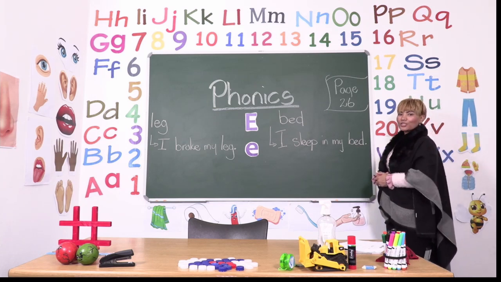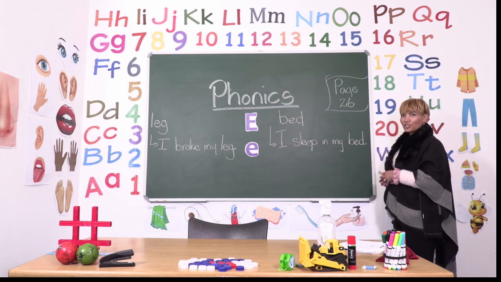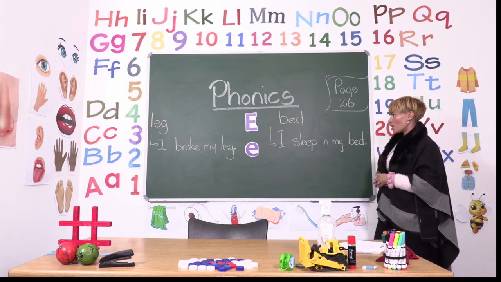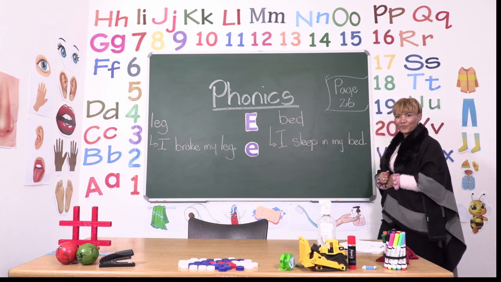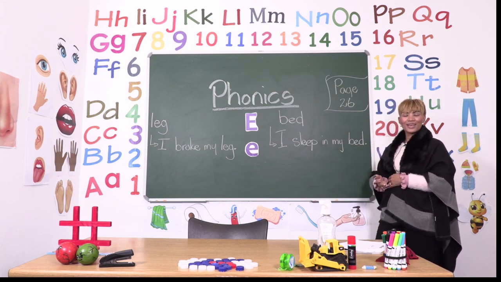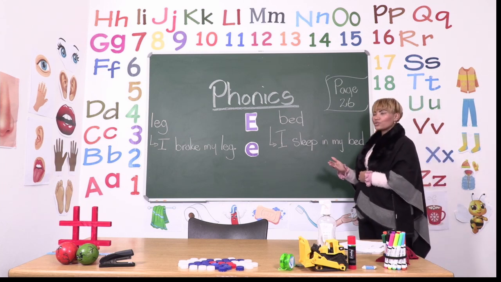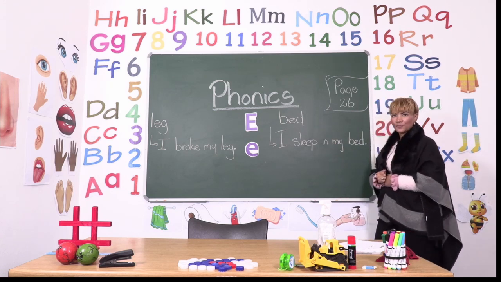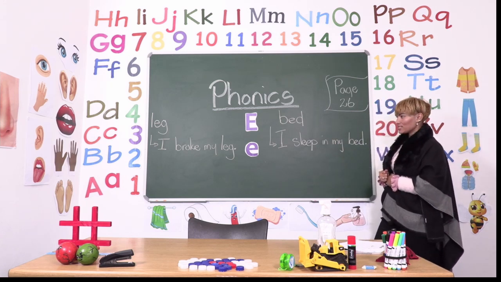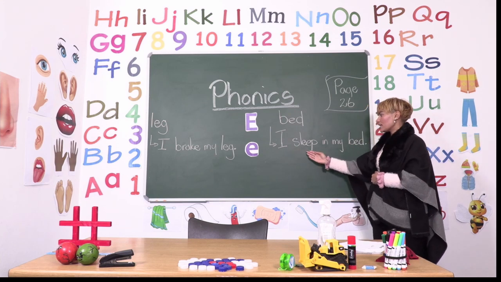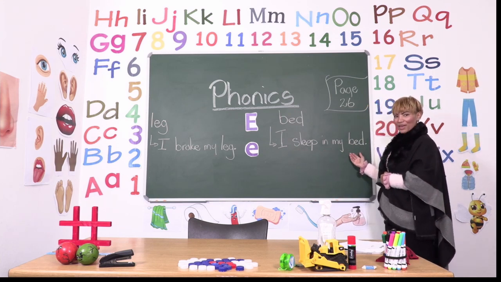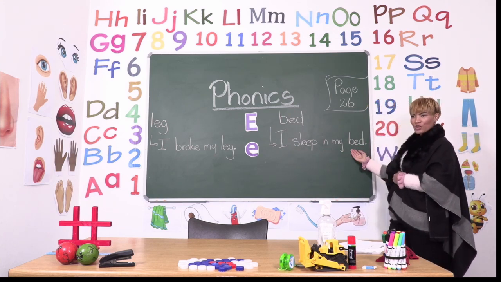Okay, so the first word that I chose is the word bed. Now we have to make a sentence using the word bed. Let's look at the sentence. I sleep in my bed. There we have the word bed.